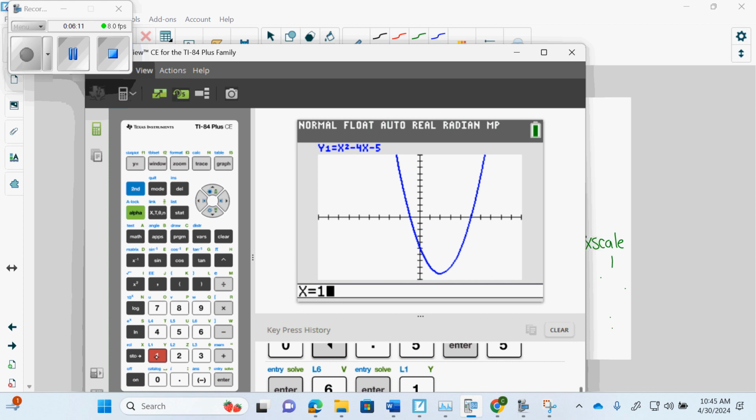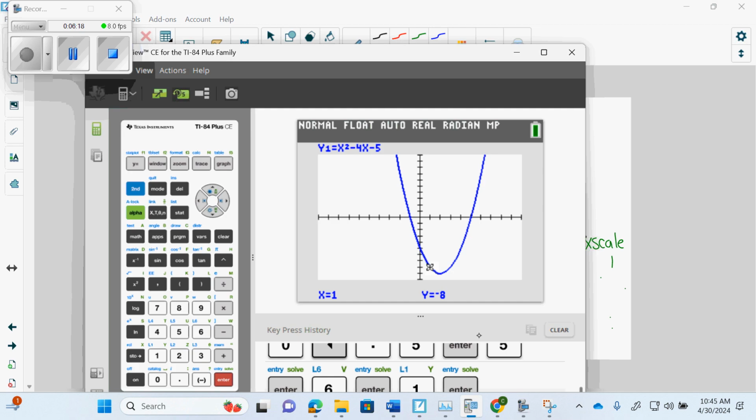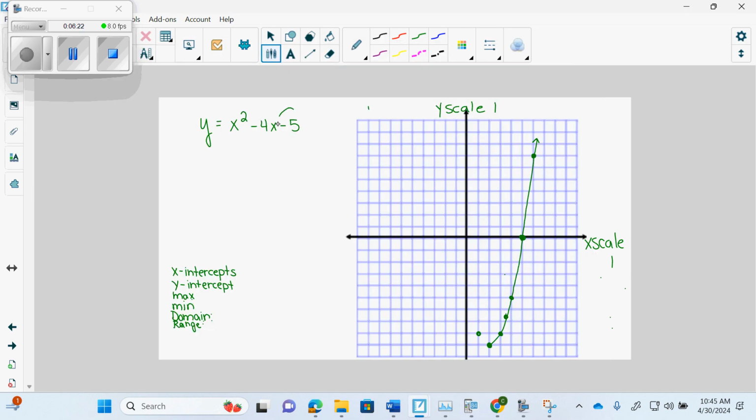So then I can go 1, enter, and I get -8. Then I can go 0, enter, and I get -5, which I knew already existed because of this, right? Then here, then here. And if I want more, I can do like -1.5.